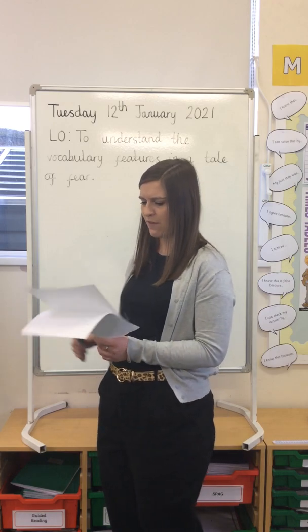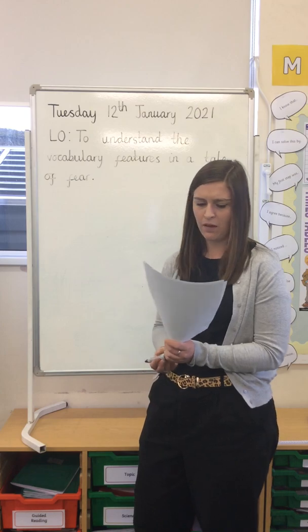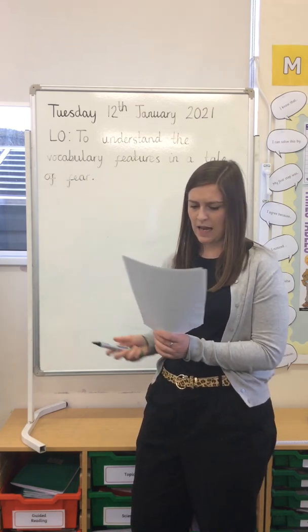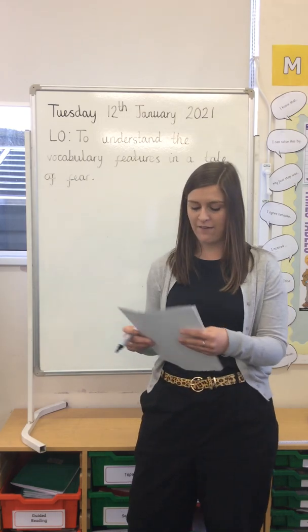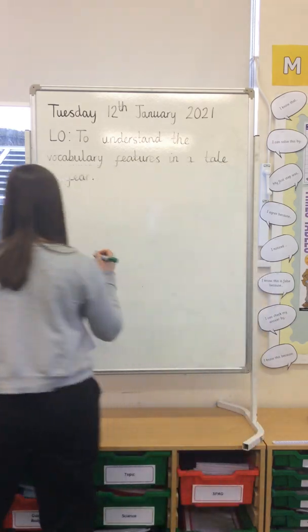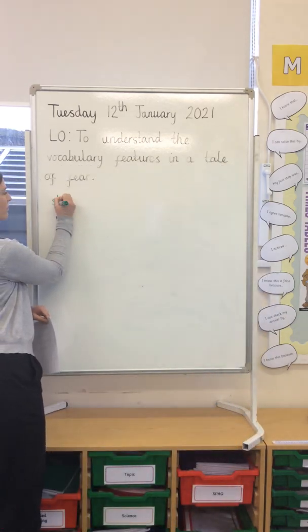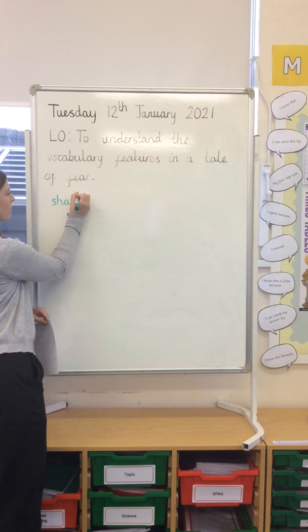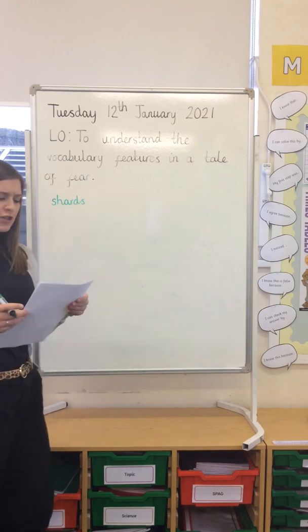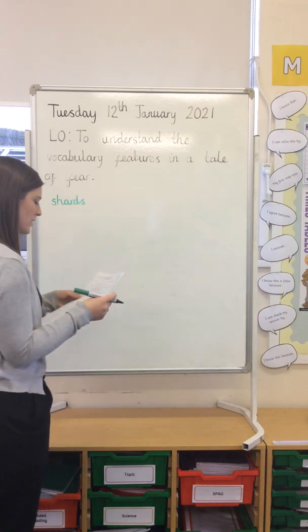So for example, if I look at the sheets that you've got, I might write down a couple of words from the first page. I've obviously thought about the definitions previously, like you're going to. I quite like the word shards, I think I can put that in a sentence.